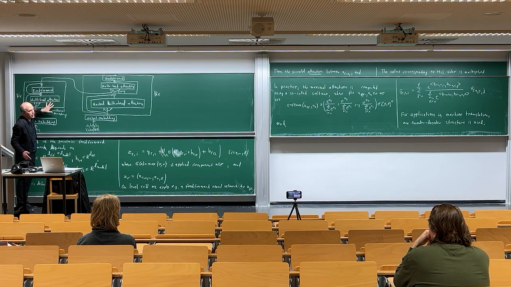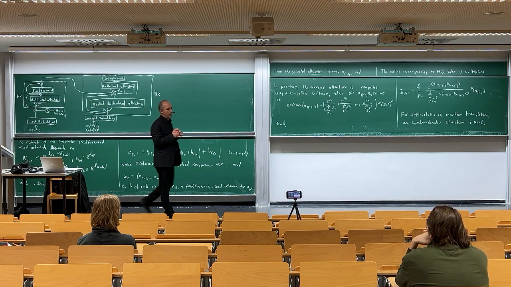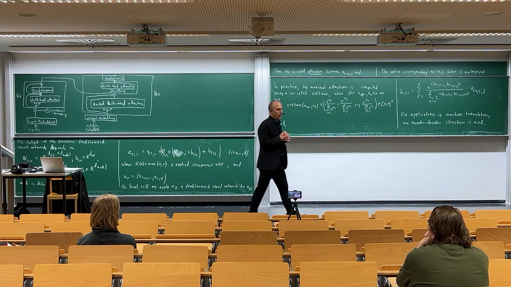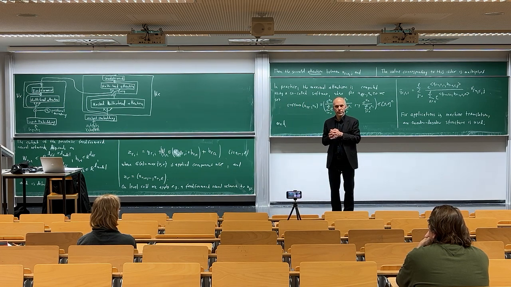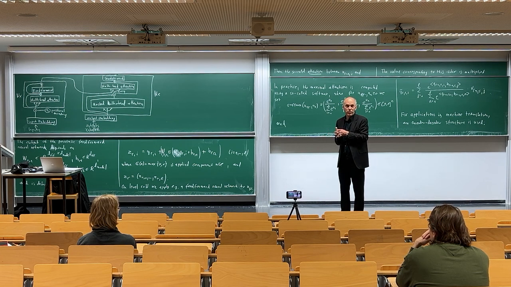You keep all the weights here, and you learn the weights of this new neural network with a few labeled examples. And that was very successful. So you construct the data artificially. Okay, questions?